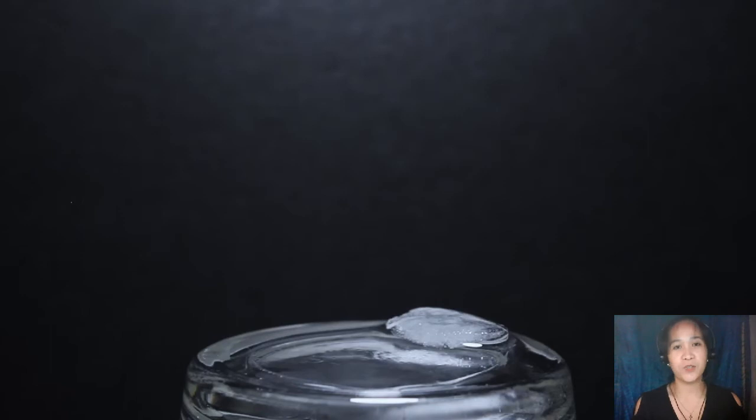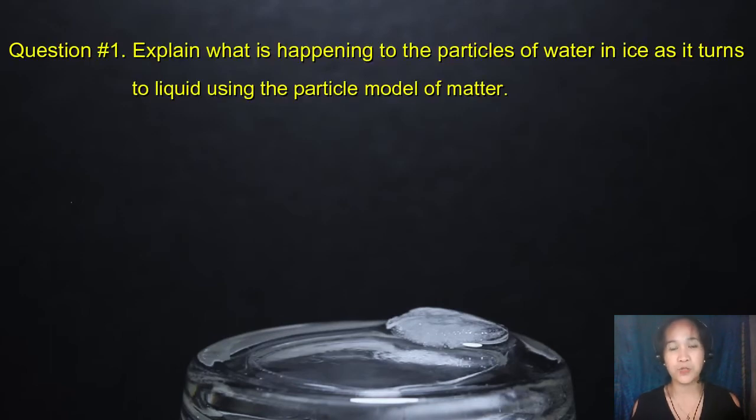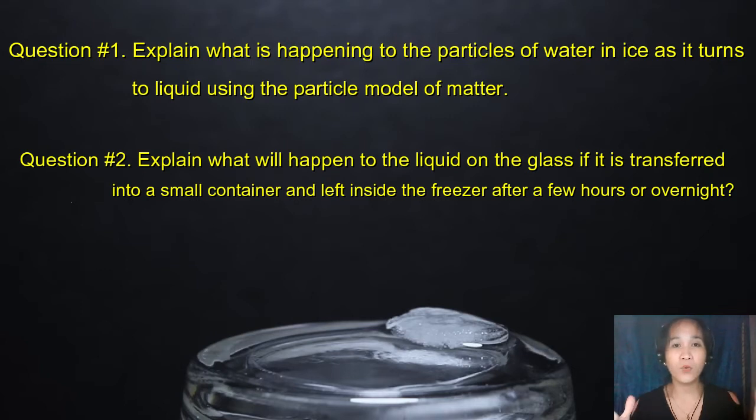Okay, so what happened to the ice cubes? Question number 1, explain what is happening to the particles of water in ice as it turns to liquid using the particle model of matter. Question number 2, explain what will happen to the liquid in the glass if it is transferred into a small container and left inside the freezer after a few hours or overnight.